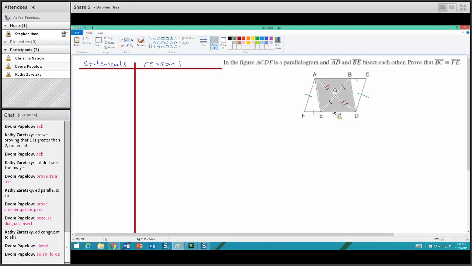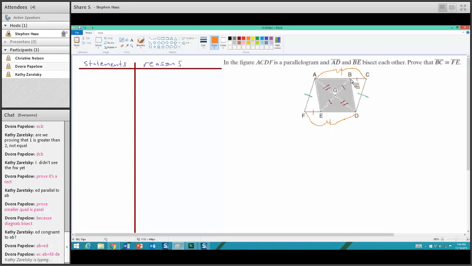Once we prove that this whole thing is a parallelogram, now we can get this whole side and this whole side. Excuse me. Right, so we can get this whole side and this whole side. And we've got these two sides over here.